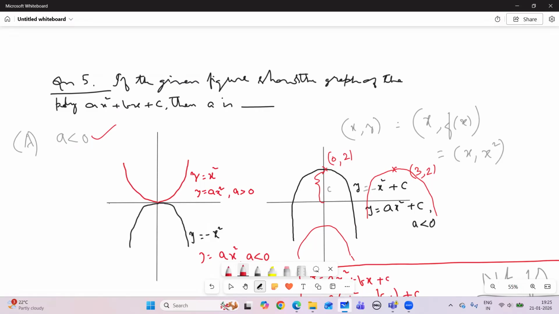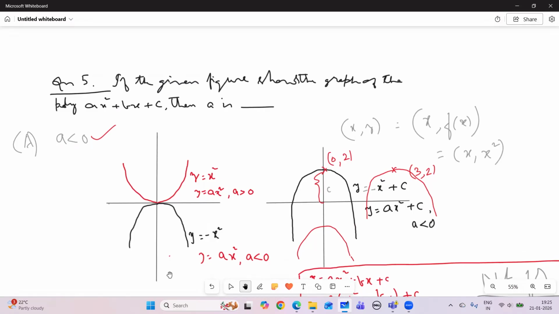Actually, what is happening is this one. The actual mathematics is this.